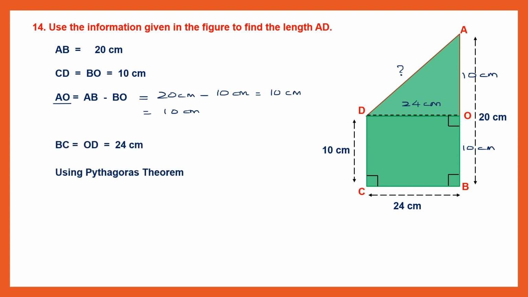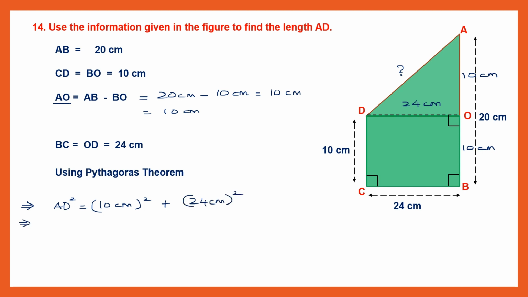So let's use the Pythagoras theorem and say AD square, that is the hypotenuse square, is equal to AO square plus OD square. Let's substitute the values. AD square is what we are going to find out, so we'll leave it as AD square. AO is 10 centimeters, and the square of that, plus OD, which is 24 centimeters, and the square of this.